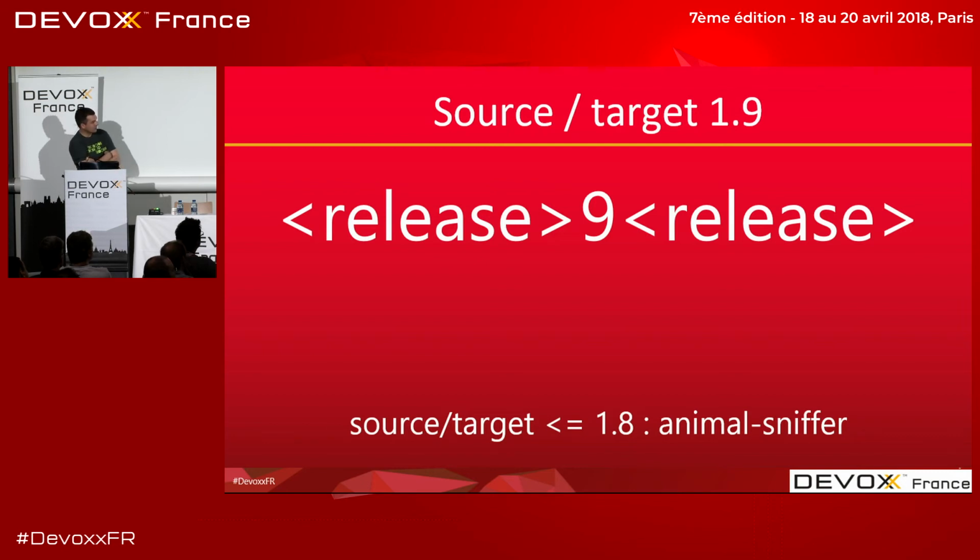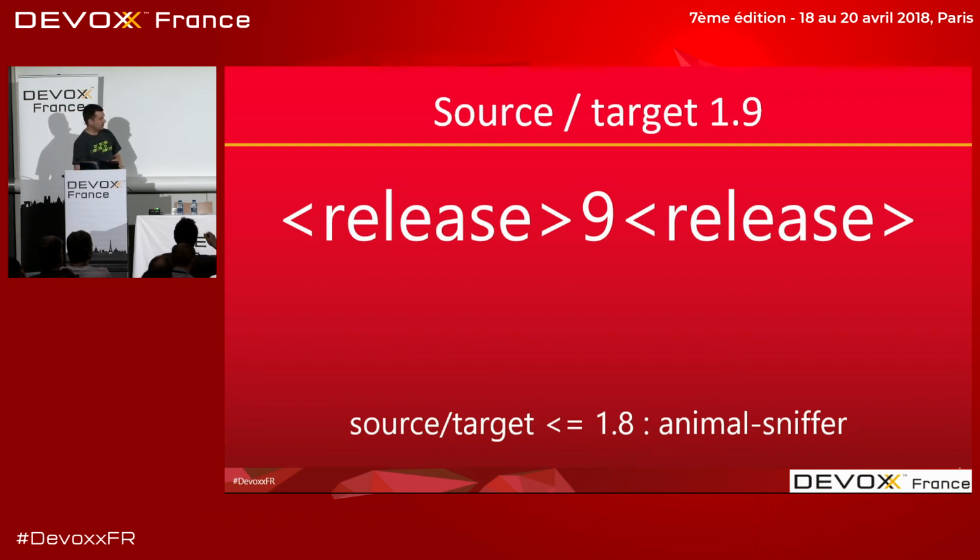It has to do with the version of Java you run and the target and source you really want. So for instance, if I am running my compiler on Java 8, but I want my code being compatible with Java 6, you should use the Animal Sniffer, because that's the one that is able to recognize if all your classes and methods are actually there.